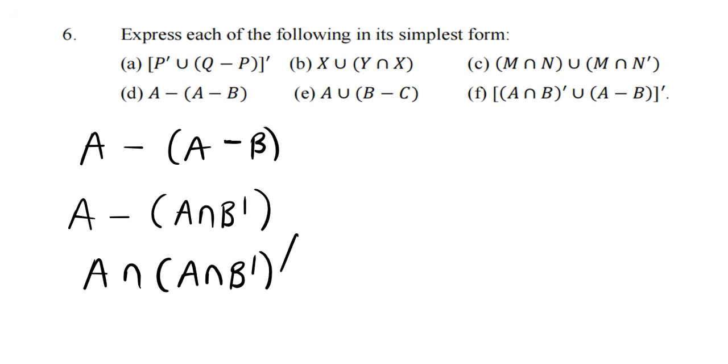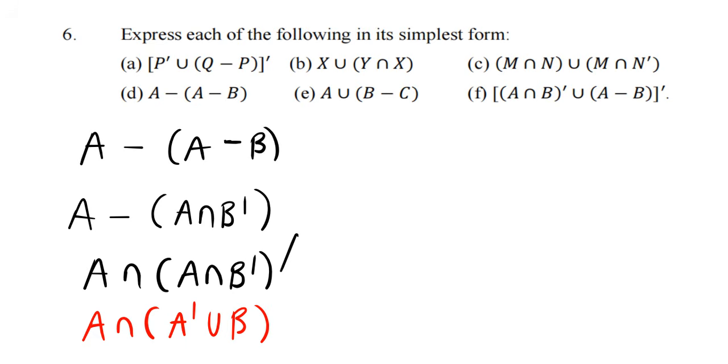Then what do we now do here? We just have to distribute the complement again. So I'm going to have A intersection, A complement union B. Why? Because of De Morgan's law, because of this complement. Then you just have to solve the two sets.